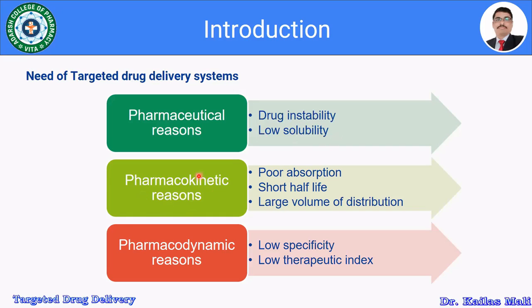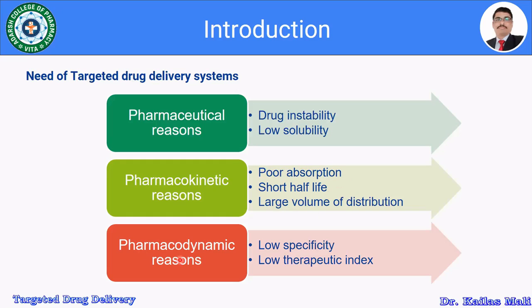Then the pharmacokinetic reasons: there are a few drugs which have a short half life, certain drugs which have a large volume of distribution, and certain drugs which have poor absorption. Whatever issues are related with the pharmacokinetics of the drug can be minimized by designing and developing the targeted drug delivery system.